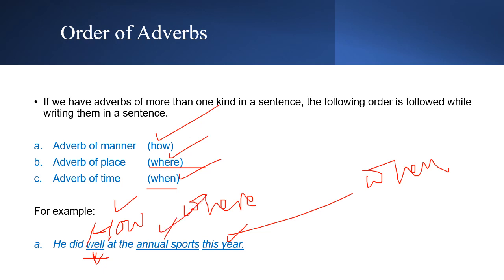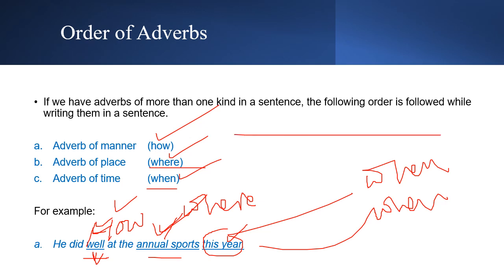That answers where: at the annual sports. So we have how did he do, where did he do, but we don't have the information for time, the answer to when. When did he do well? This year. Where did he do well? Annual sports. How did he do? He did well. You understand that?